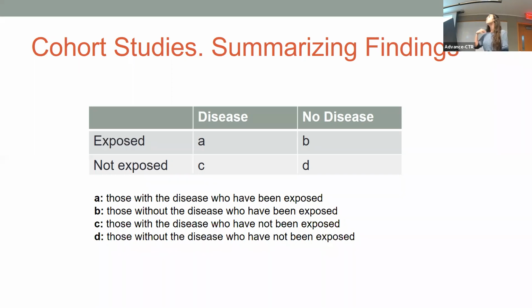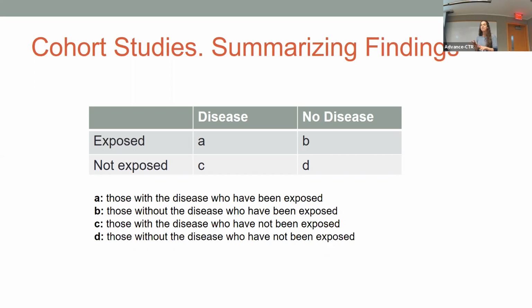If we go back to think about the association between the exposure and the outcome, if it were in fact a positive association, we'd likely expect the A and D values to be quite large. Most of the exposed people have the disease, and most of the not exposed people do not have the disease.